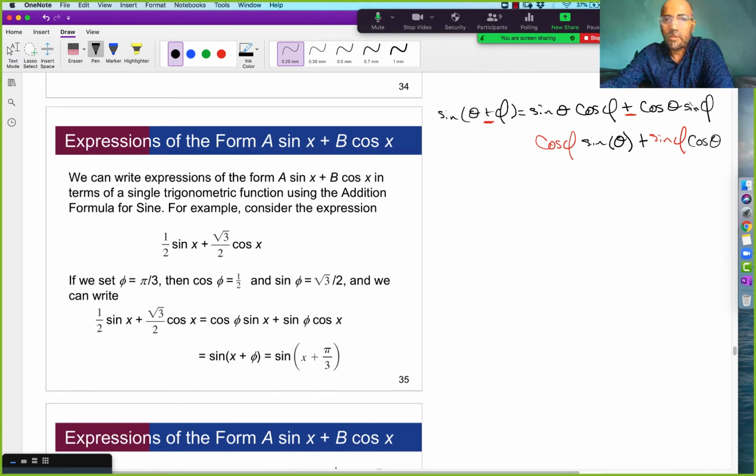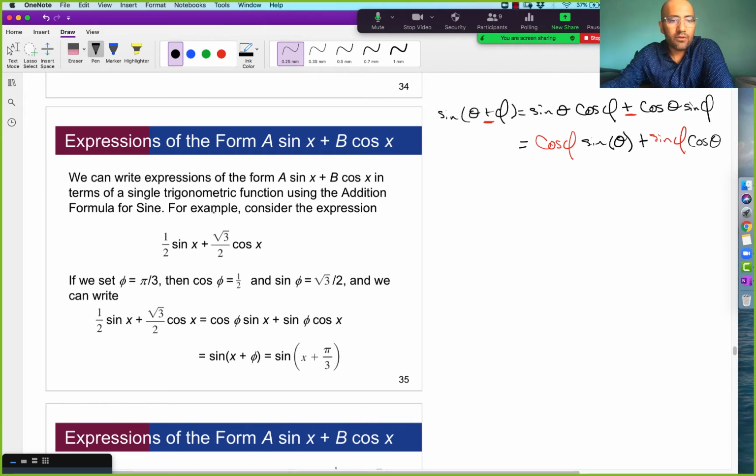All I did is write it in red and switch it around a little bit. So if we happen to find an angle phi such that the cosine of that angle is the constant in front of sine of theta, and the sine of that angle equals the constant in front of the cosine, then we can work backwards and rewrite it this way.